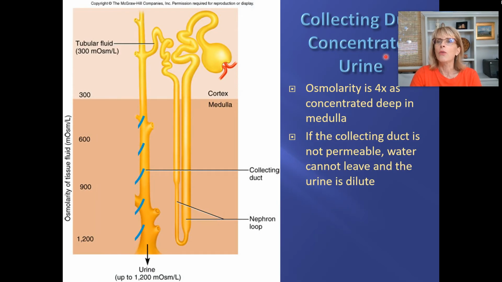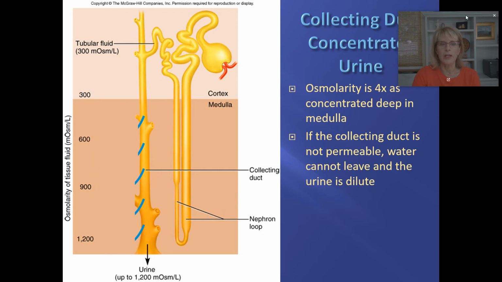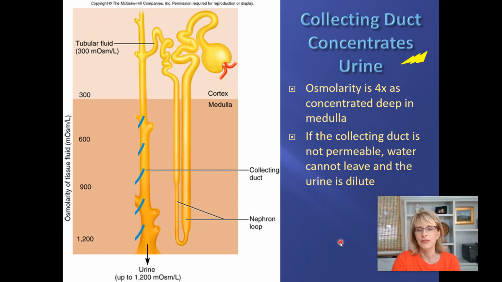Okay, so we are now really just going to be thinking about the collecting duct. The collecting duct is what concentrates your urine. Now, all along the journey, your body has been reabsorbing water. So there is a much smaller volume of fluid right here at the end of the distal convoluted tubule than started out here.